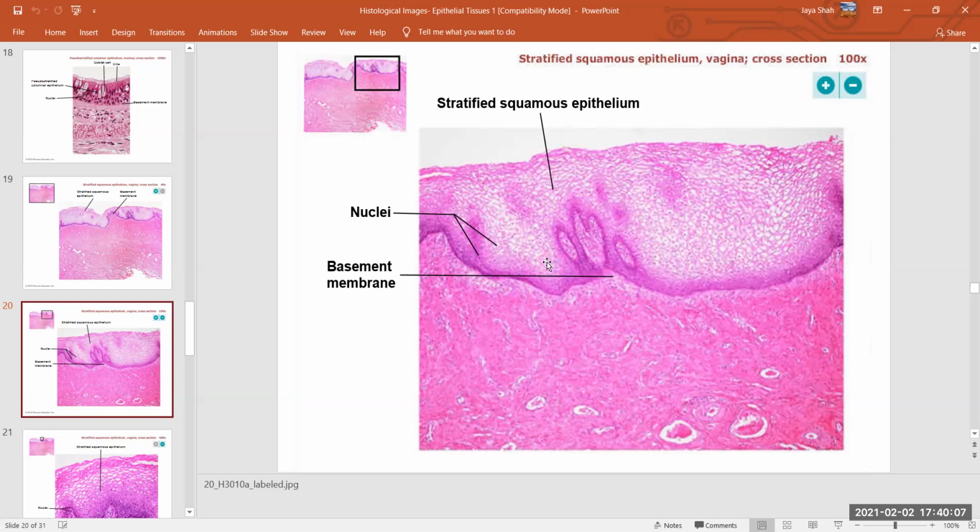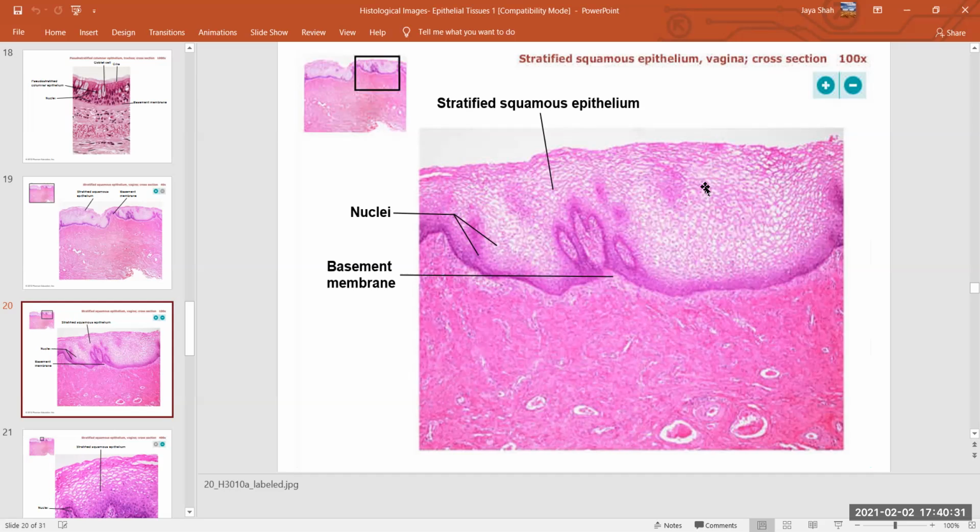So this is stratified squamous epithelium from the basement membrane, from the vagina, and you can see there are several layers of cells, stratified squamous epithelium. You can see small nuclei in these cells.